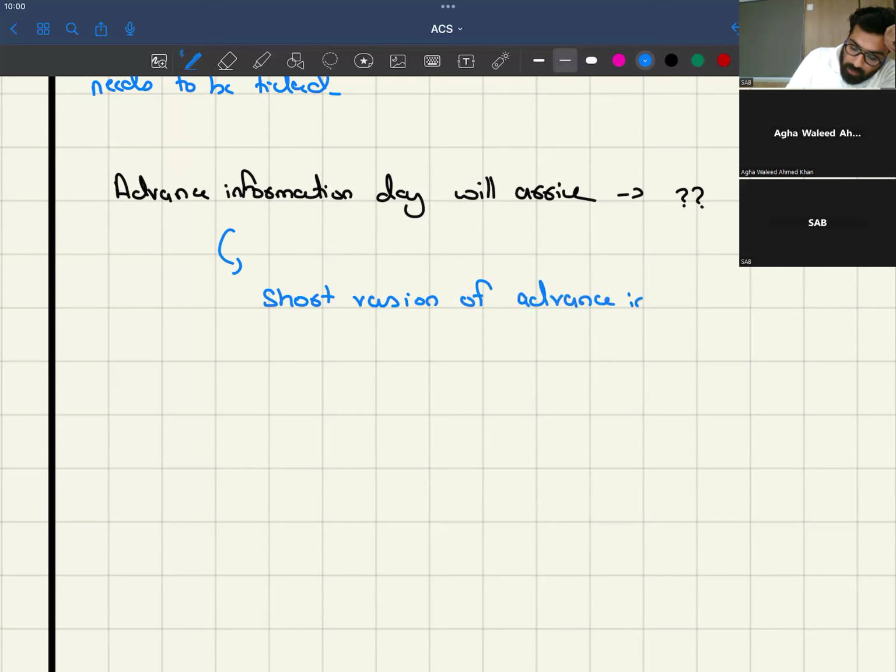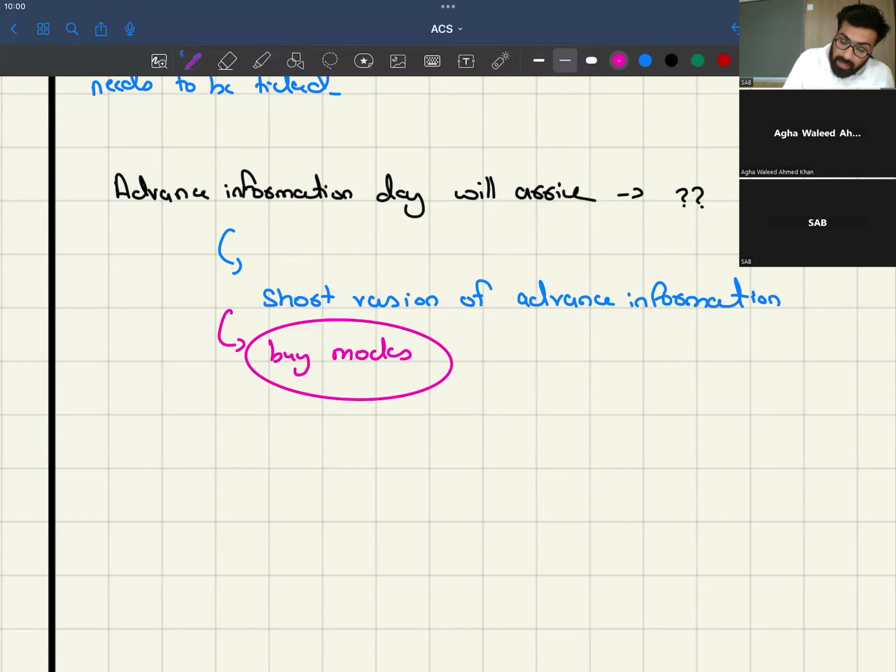I'll do that for you. And then we will buy mocks. These are not included in these classes. You'll buy these mocks from an independent source, and then attempt them with the strategy.